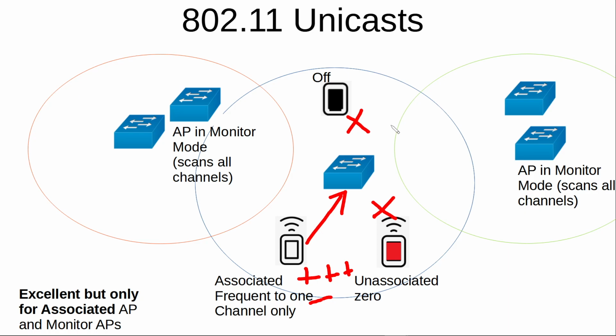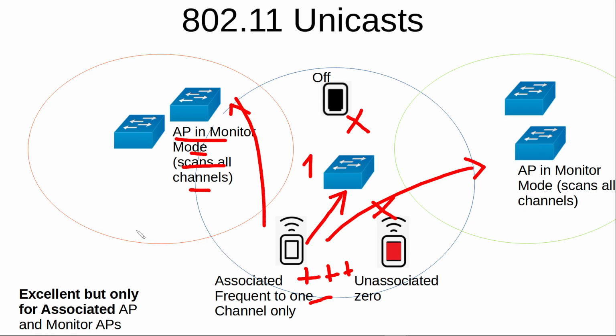So the nearby access points that are working on a different channel will not receive these frames. So you will only have one access point that will be able to receive these frames, unless you install access points in monitor mode. These access points will scan all channels and will be able to receive this unicast.